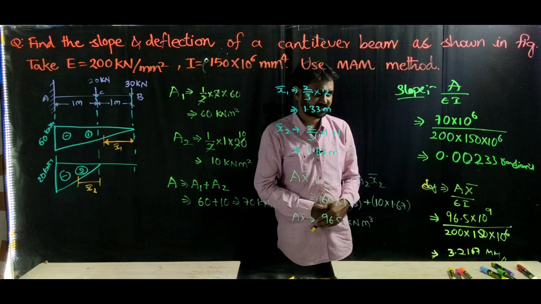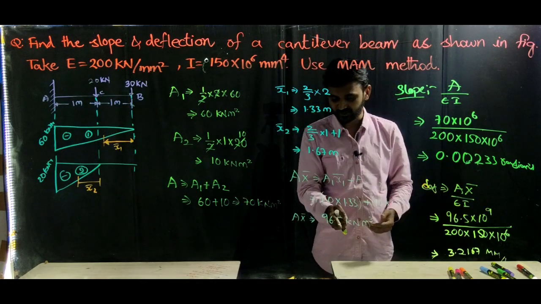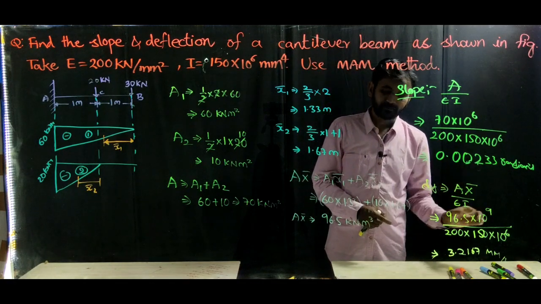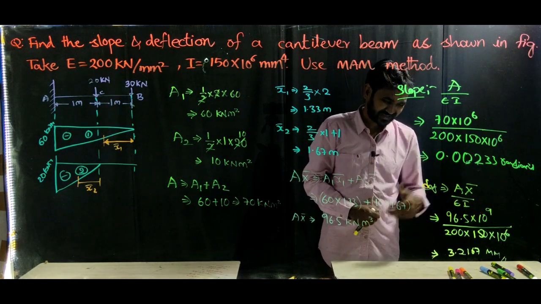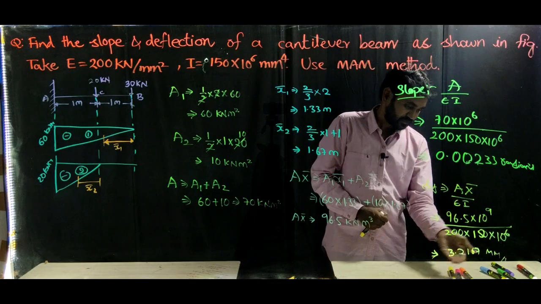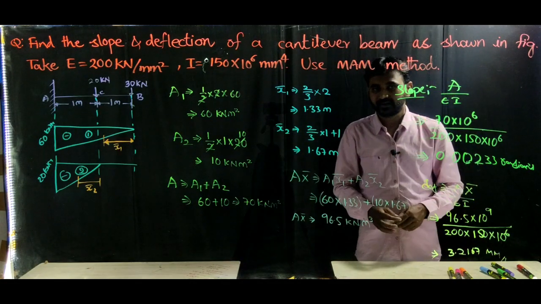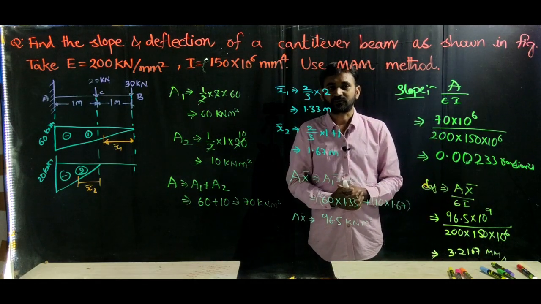Similarly for deflection, Ax bar by EI, I have substituted, changing the value of Ax bar from kilonewton meter cube into kilonewton mm, so it turned into 10 to the power of 9. So my deflection value will be 3.2167 mm. So this is the way to solve the problems. Let's see one more problem, right?